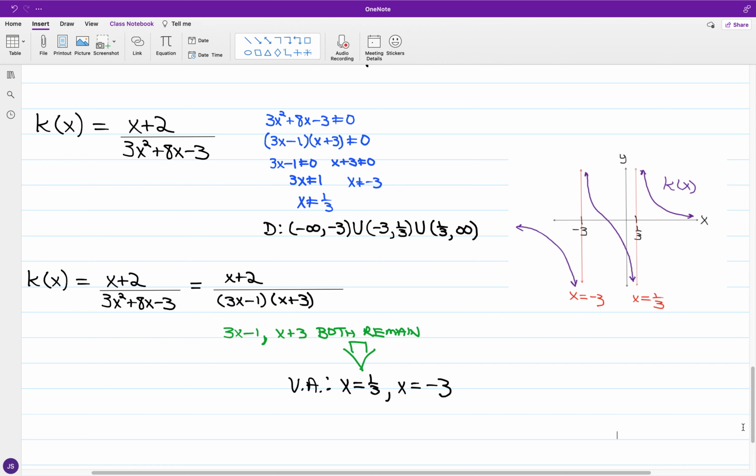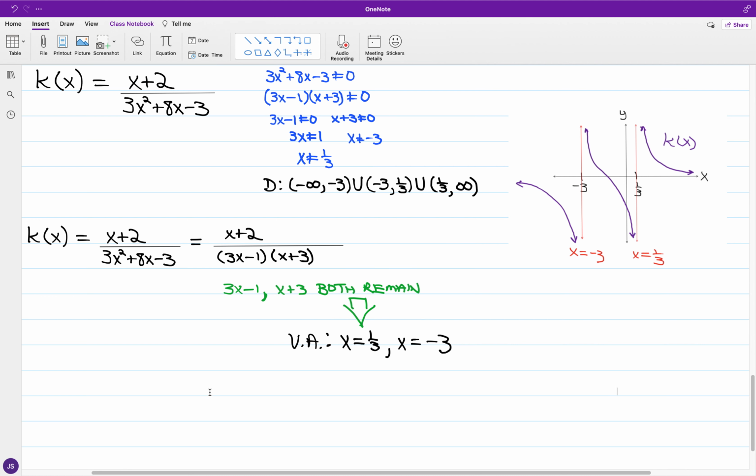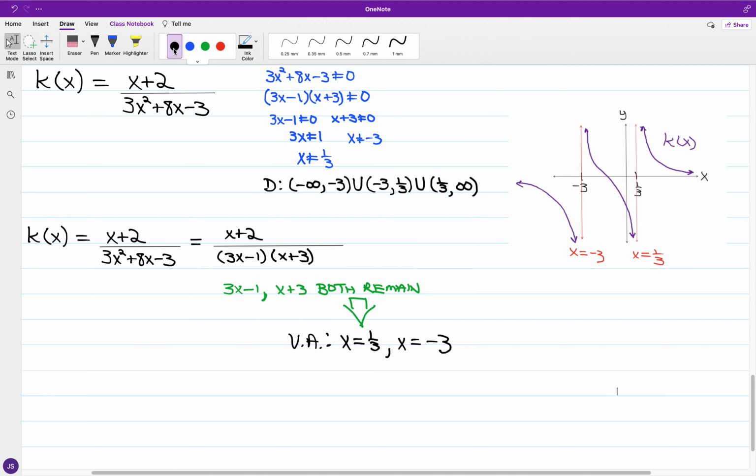And again, we're going to be looking into other types of asymptotes, and tell you what, in the meantime, looking for the domain and the asymptotes. Or in this case, vertical asymptotes.